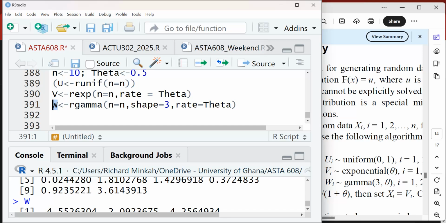Next is that we need to get x or our data. So what we have to do is that we will take the first value and then we check is theta over 1 plus theta. If that value is less than the u, we choose from v. And so who can help us?